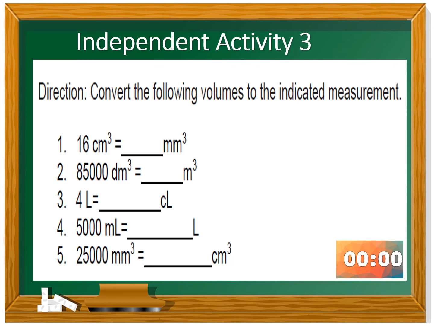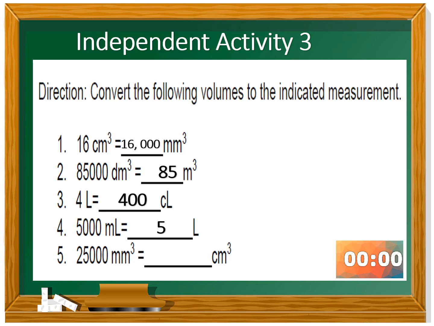Time's up. Number 1. 16 cubic centimeters is equal to 16,000 cubic millimeters. 2. 85,000 cubic decimeters is equal to 85 cubic meters. 3. 4 liters is equal to 400 centiliters. 4. 5,000 ml is equal to 5 liters.